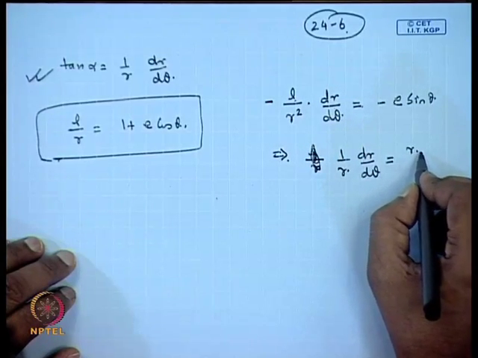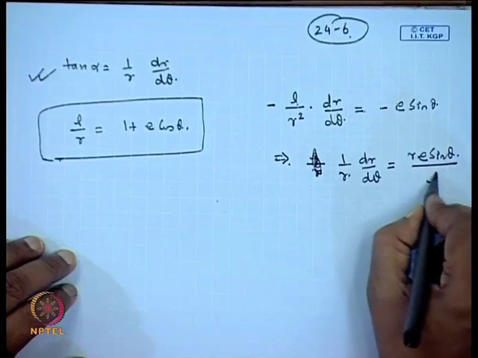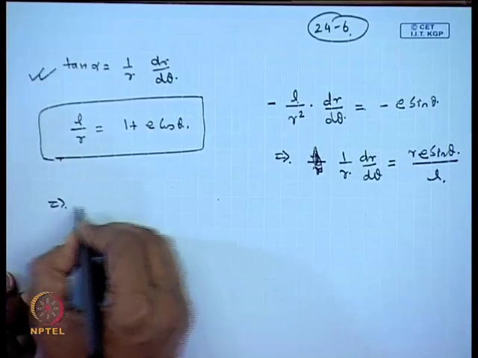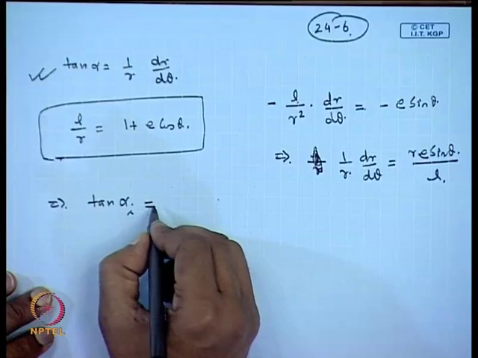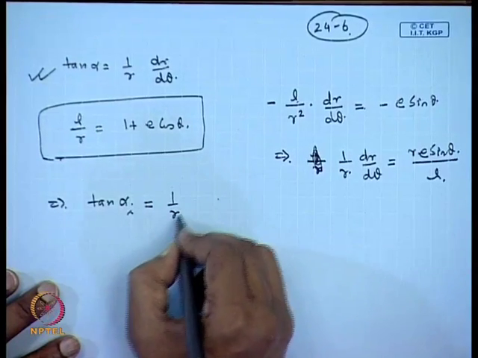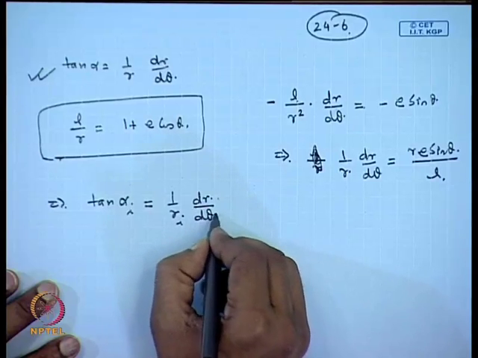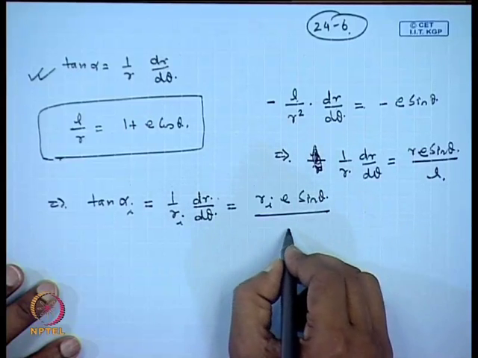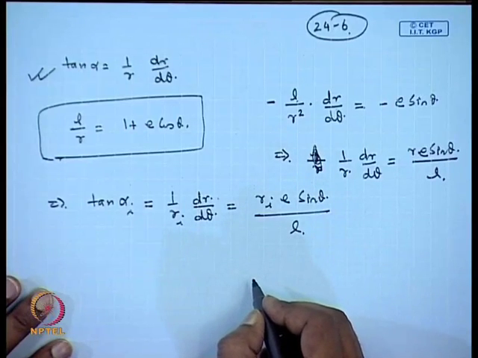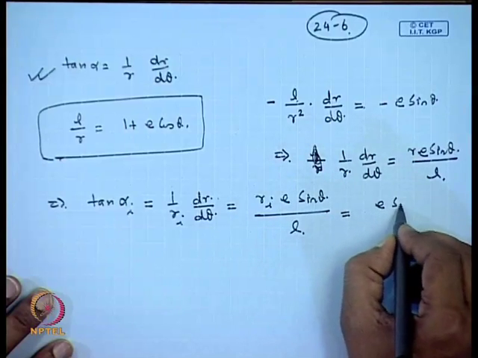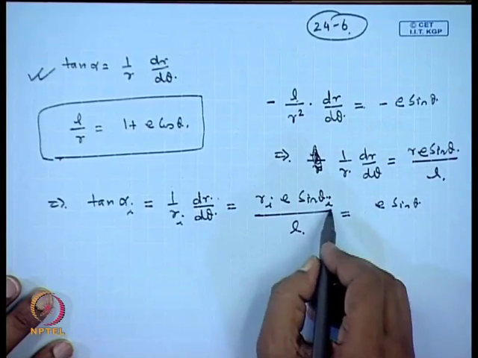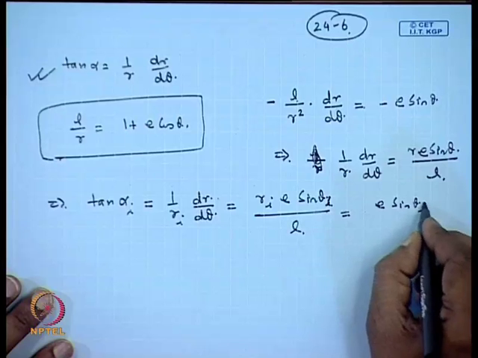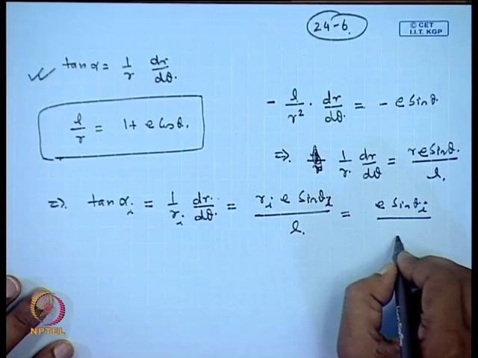So, we will have r times e sin theta divided by L. This implies tan alpha I is 1 by r I times dr by d theta, equal to r I times e sin theta divided by L. We put a subscript I to indicate the true anomaly at the initial point, theta I, and L divided by r I becomes L cap.